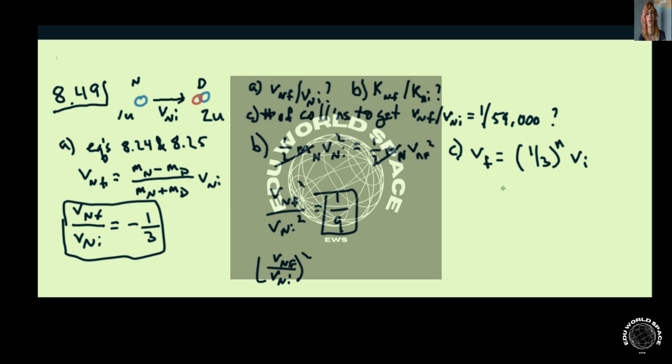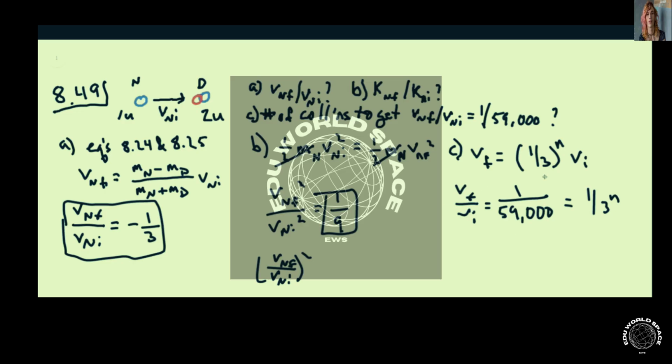And so we want v final divided by v initial to equal 1/59,000. Again, this is 1/3 to the n.